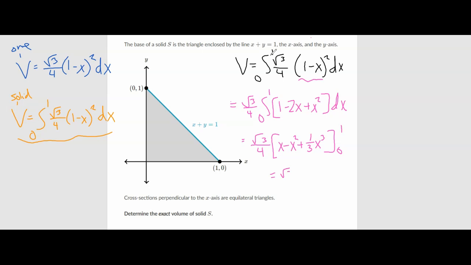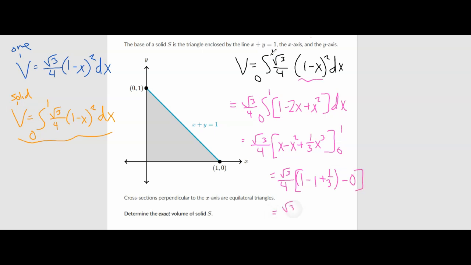That's going to give me the square root of 3 over 4. If I substitute 1 in there, I get 1 minus 1 plus 1/3. Let's put that in parentheses. Minus everything evaluated at 0, which just ends up being 0.